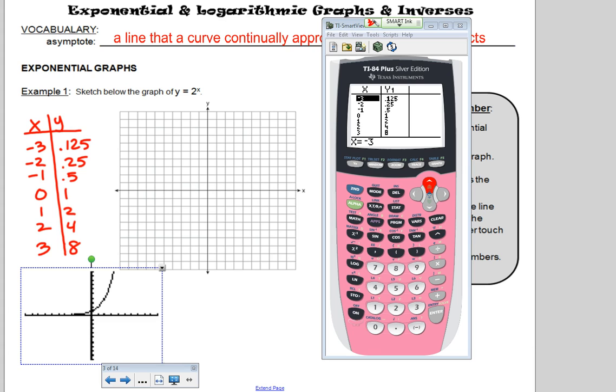That's just really above the x-axis. It's really hard with my big markers to do this.